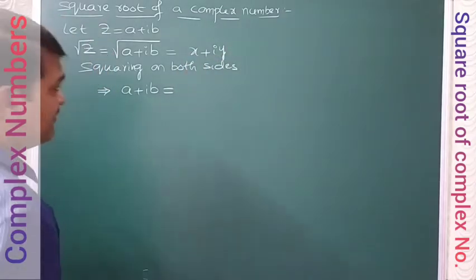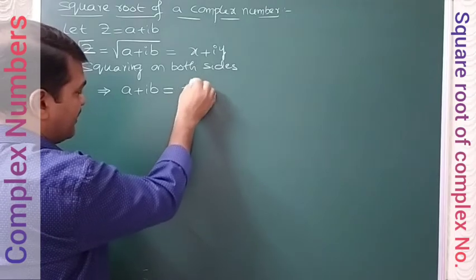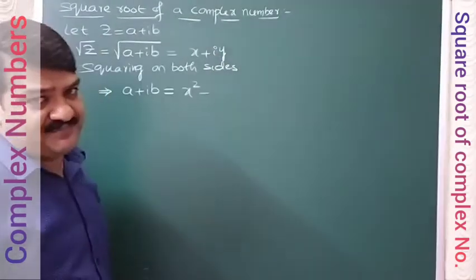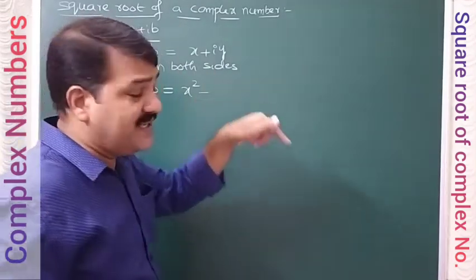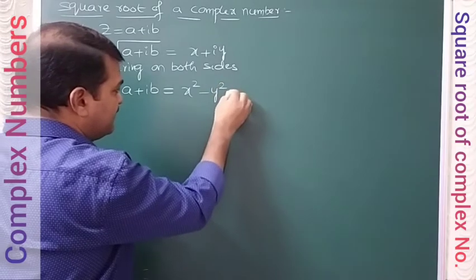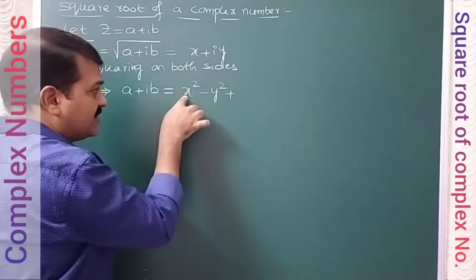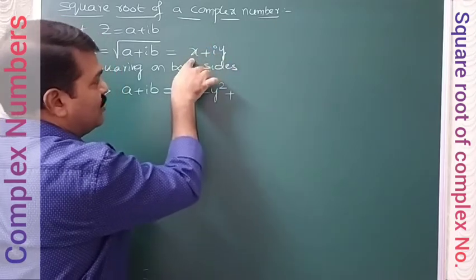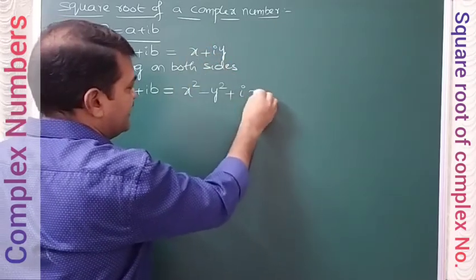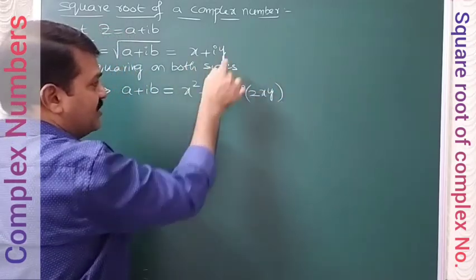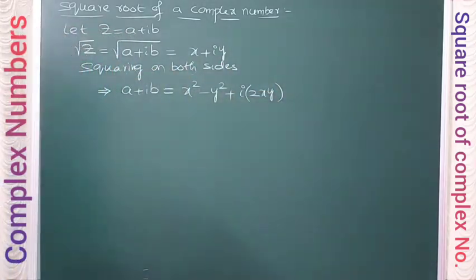What is (x plus iy) whole square? x square plus (iy) whole square, and (iy) whole square, i square is minus 1, no? So minus y square, plus 2 into x into iy. So I will write like this: (x plus iy) whole square value is this one.